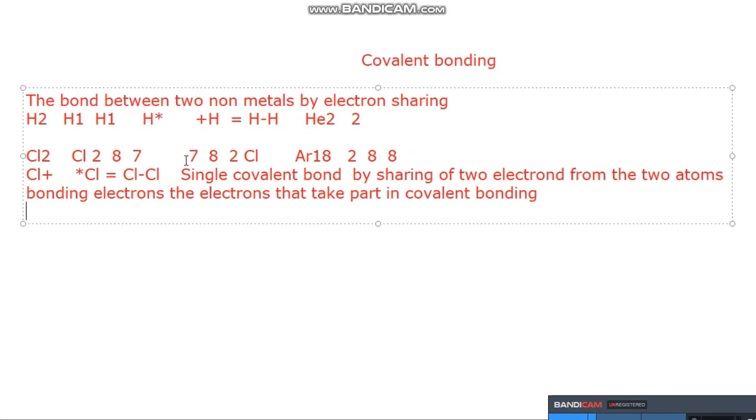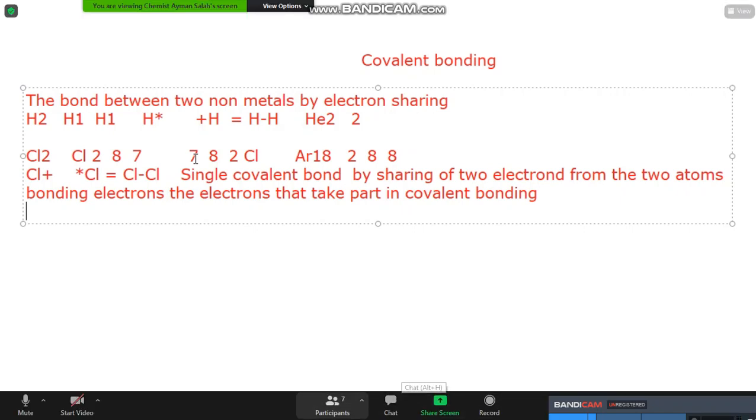What do we call these 7 electrons? What do we call the electrons in the outmost energy level? Who knows?